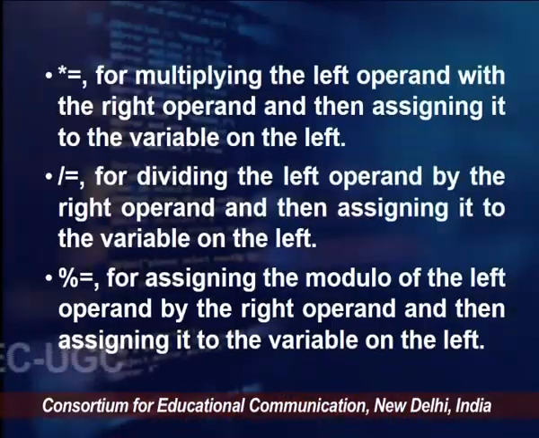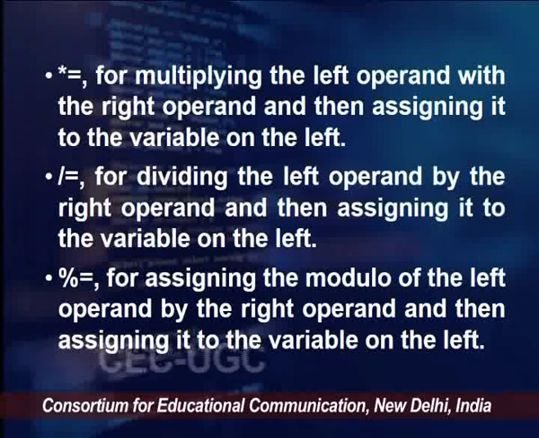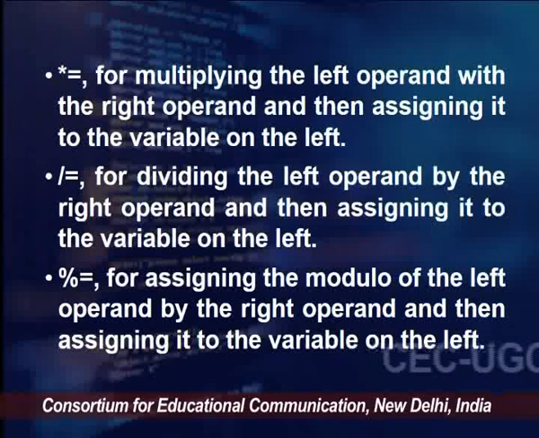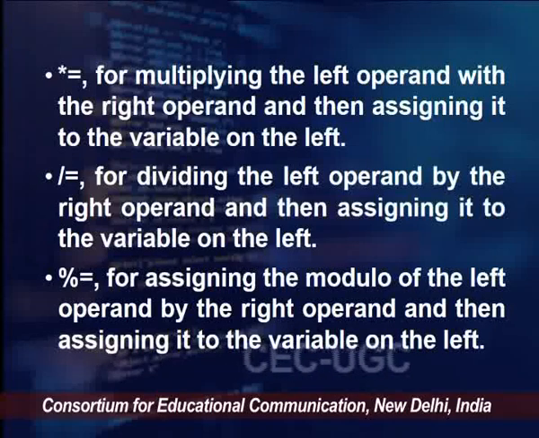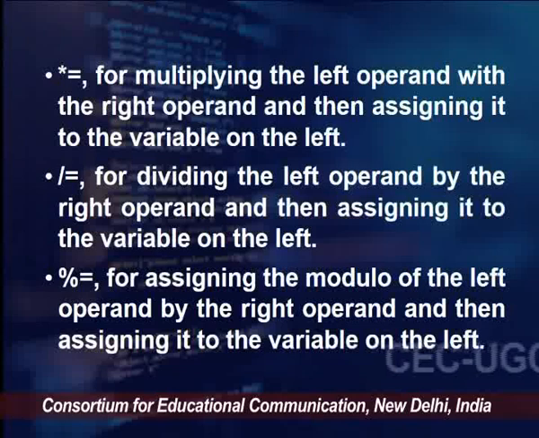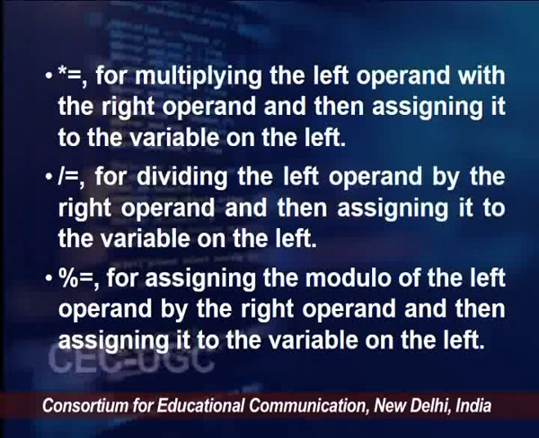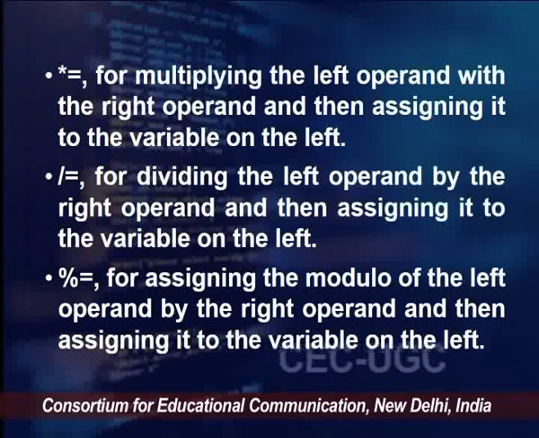For multiplying the left operand with the right and then assigning the value to the variable on the left, we will be using asterisk equals. A is equals to a asterisk 5, or we can write a asterisk equals 5. A is equals to a divided by 5, we will be writing a divide equals 5, that is for dividing the left operand by the right operand and thus assigning it to the variable on the left.